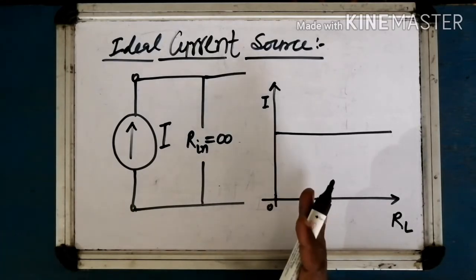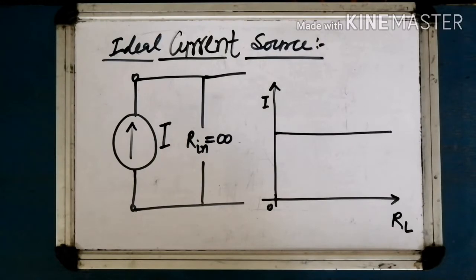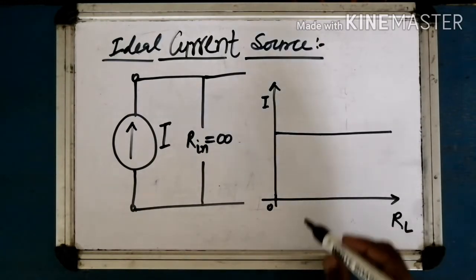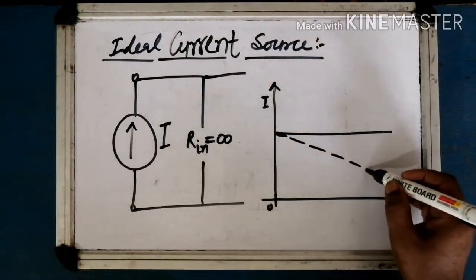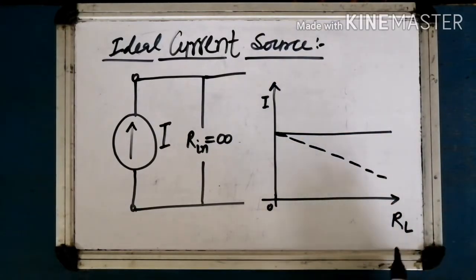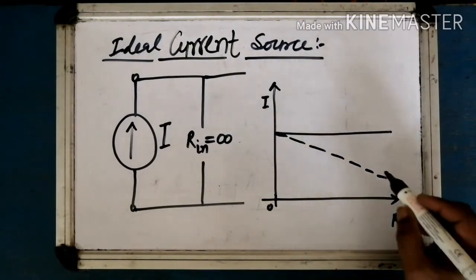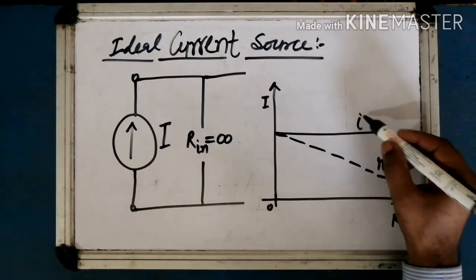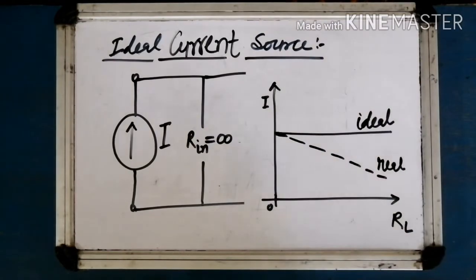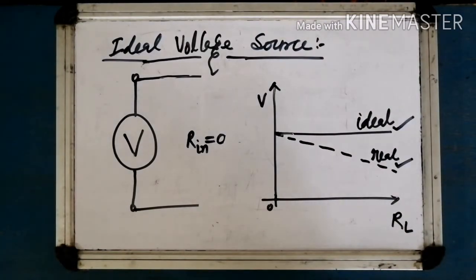If we are discussing the practical current source or real current source, then this value is going to decrease, right? With the increment of load resistance, the value of the current is going to decrease for real, but this one for ideal. Clear? Okay. Now see the conversion of voltage source into the current source or current source into the voltage one.